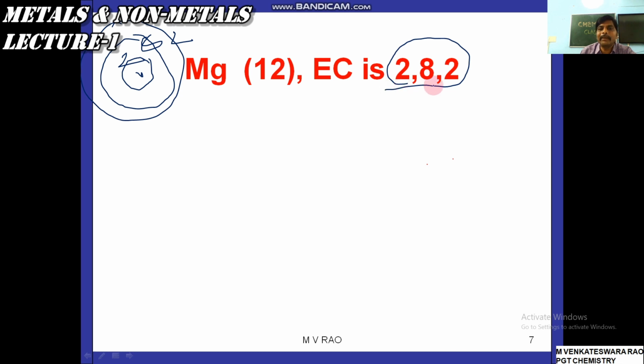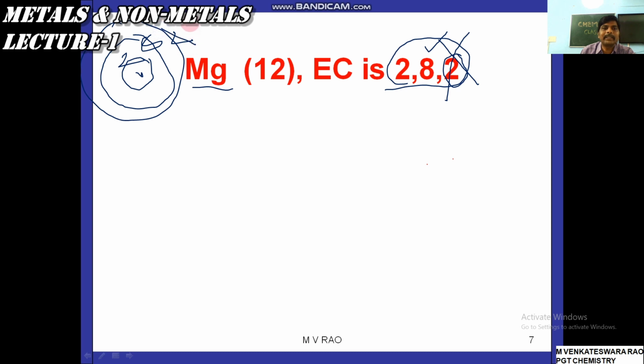So is magnesium stable? No. Why? Only when 8 electrons are there in the valence shell is it stable. Here 2 are there, so it is not stable. How many valency electrons are there in magnesium? 2 valency electrons are there. So what will magnesium do? Magnesium is trying to lose these 2 electrons.